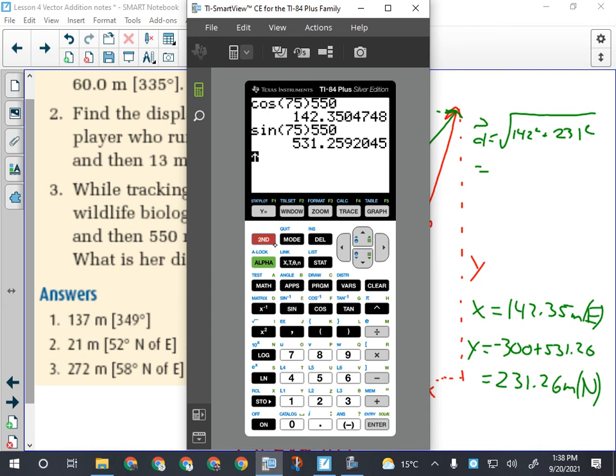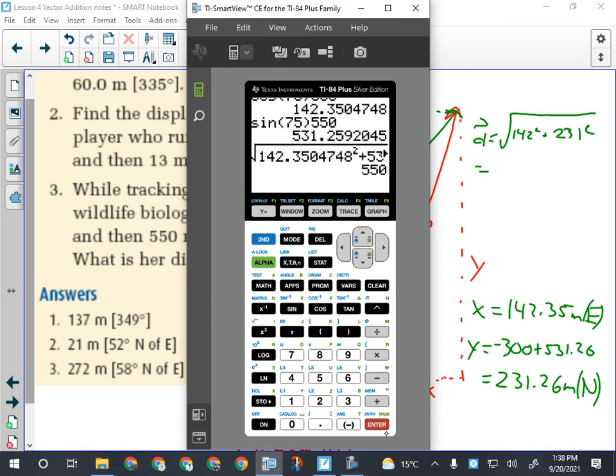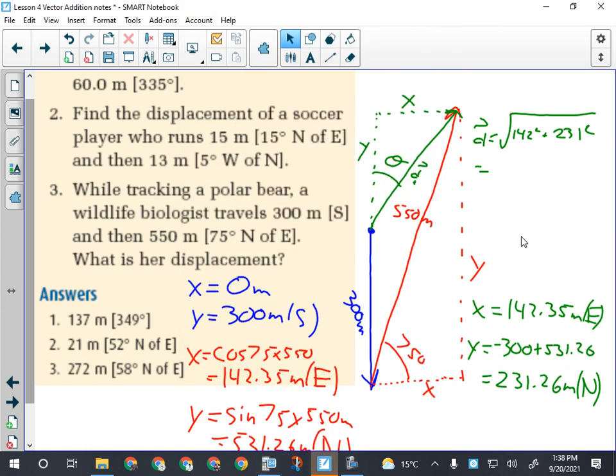All right, so my overall vector, miraculously, comes out to a whole number with no decimals. That was a lucky guess. Okay, 550 meters. Okay, whoop.